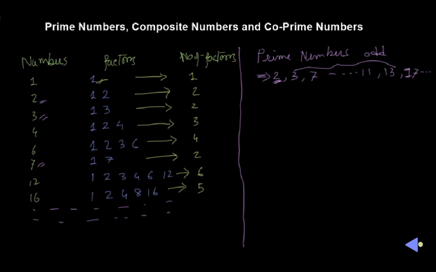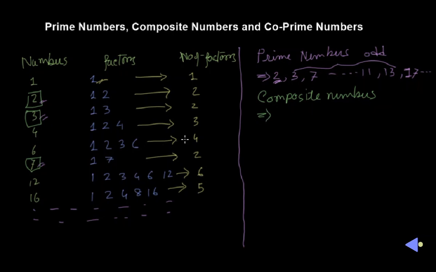Now if we have a number which has more than 2 factors, then those numbers are called composite numbers. So what are composite numbers? A number is said to be composite if it has more than 2 factors.